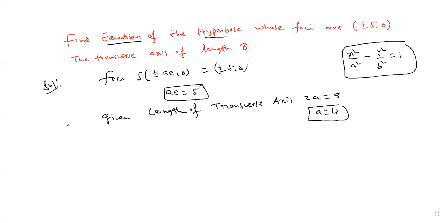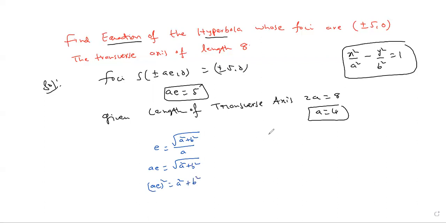Observe here how to get it. ae is equal to 5. By using the eccentricity formula, you all know eccentricity is under root of a square plus b square by a. Cross multiplication: ae is equal to under root a square plus b square. Squaring on both sides: ae whole square is equal to a square plus b square.